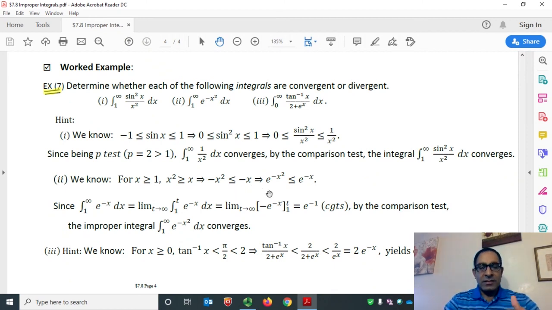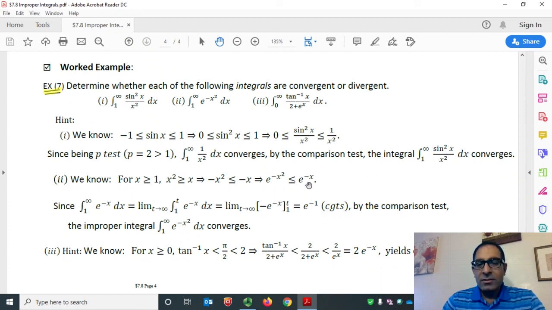And raise both of these values to the same base e. Then the same inequality holds, right? e to the power negative x square is less than or equal to e to the power negative x. This is true. And now, the improper integral of e to the power negative x from 1 to infinity is a convergent one.